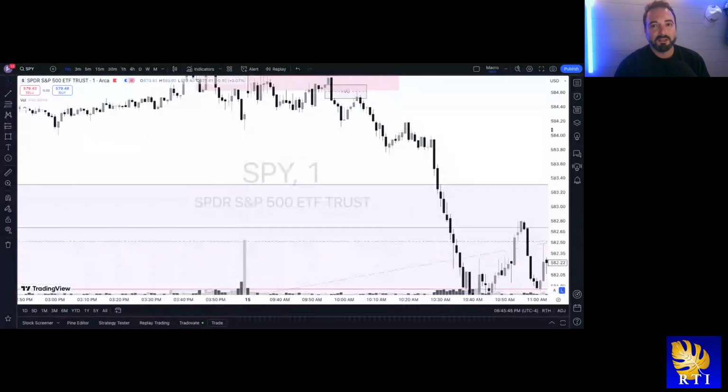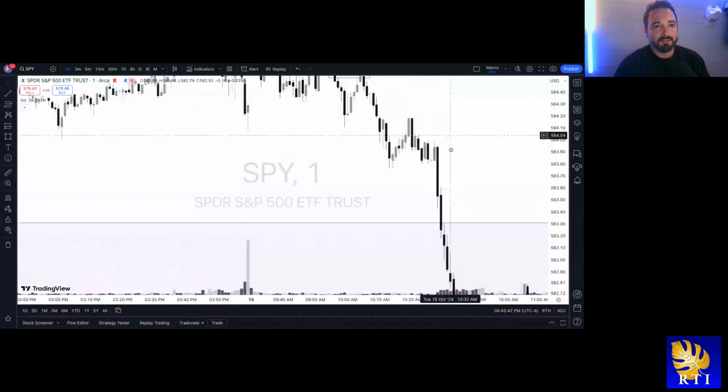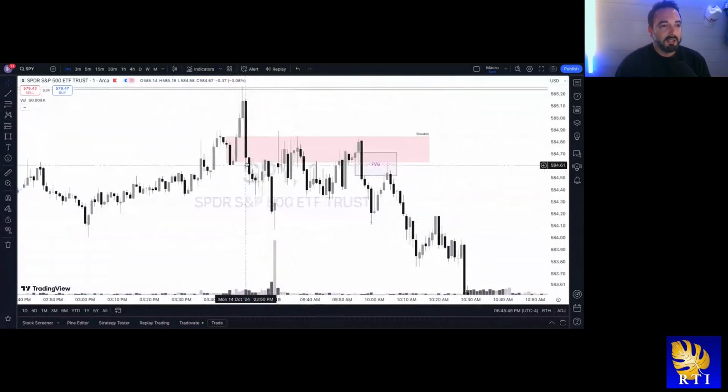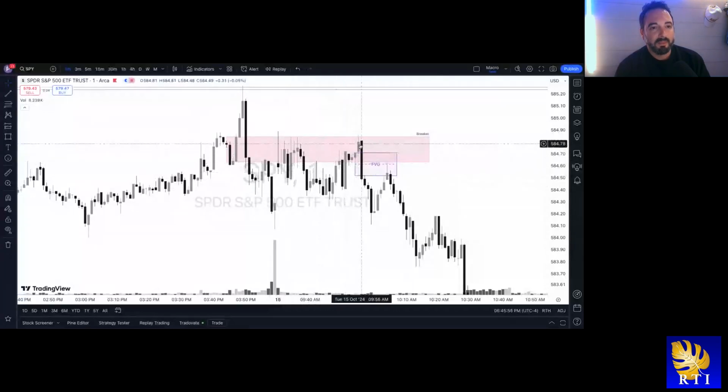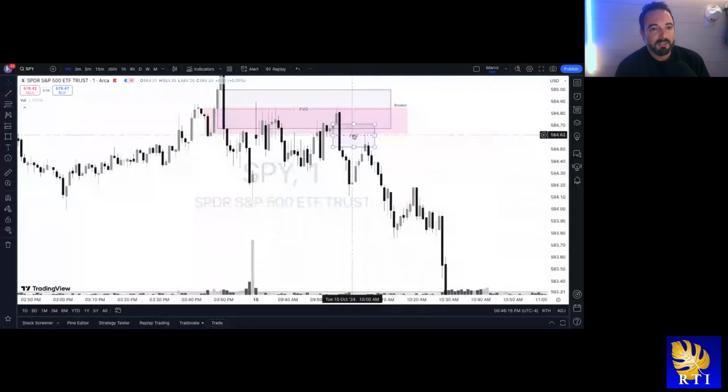So this is a sell model. This is a high conviction trade, right? So I was patient. I was waiting to see how it reacted to these levels. And then boom, again, we created another fair value gap. So you could see there was one here, kept testing, kept rejecting, tested, rejected. And then we came back up, and this is where I entered.